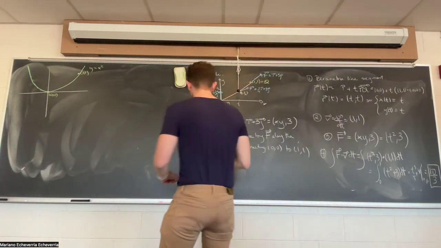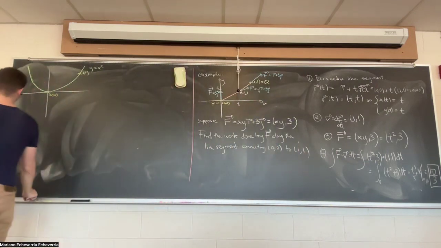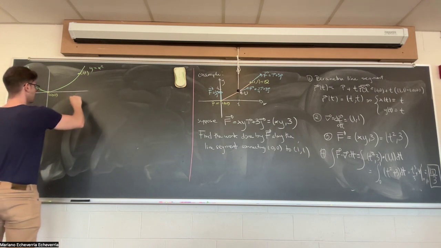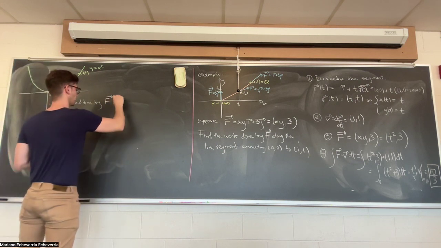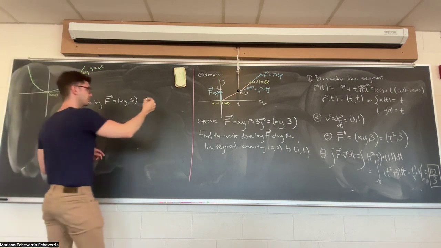Okay. So now I want to find the work. So find the work done by the same force, find work done by F. So this is the same F as before.